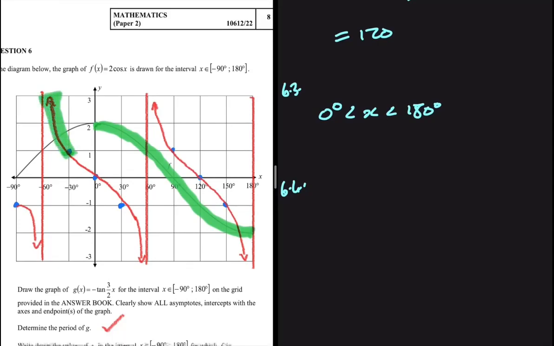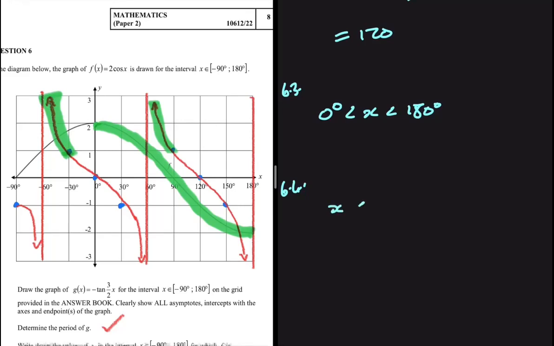Let's go ahead and look for other points for which it is greater or equal to 1. Again, when x is equal to 90 and going in that direction should be part of our solution. I think that's all the points for which g of x is equal to or greater than 1.